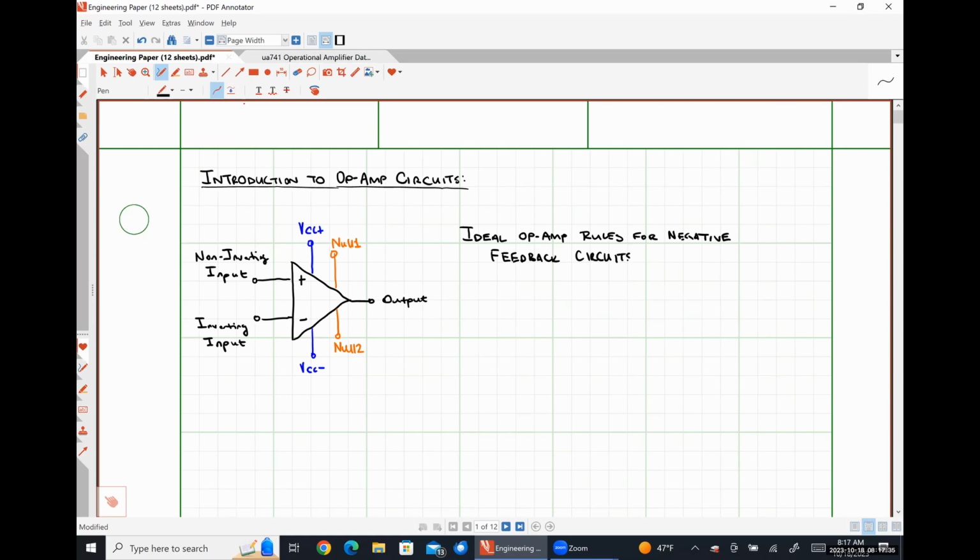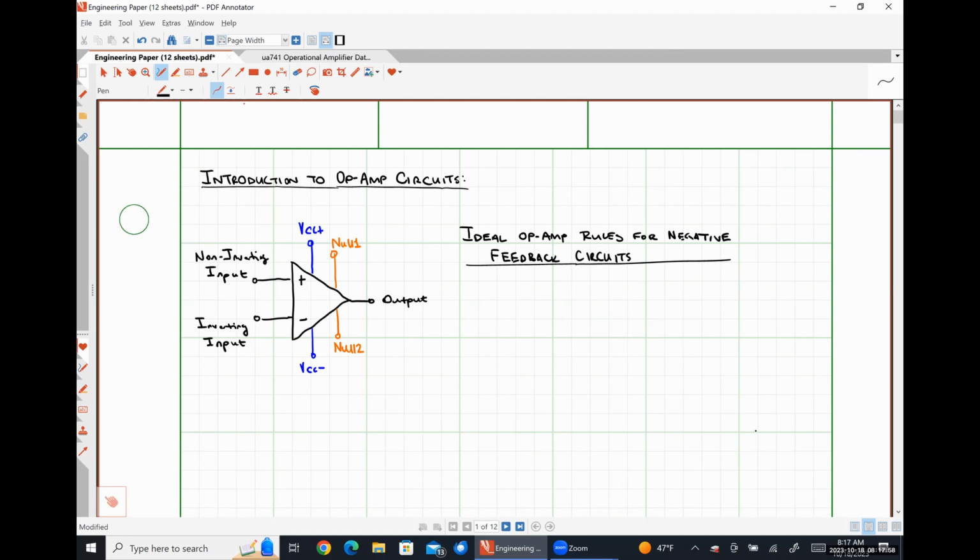Every circuit that we are going to analyze in this class is a negative feedback circuit. I can talk briefly about what that means if you want me to, but because everything we're doing is this, it's not particularly necessary. Anybody want me to explain what negative feedback means, or are we good to go?